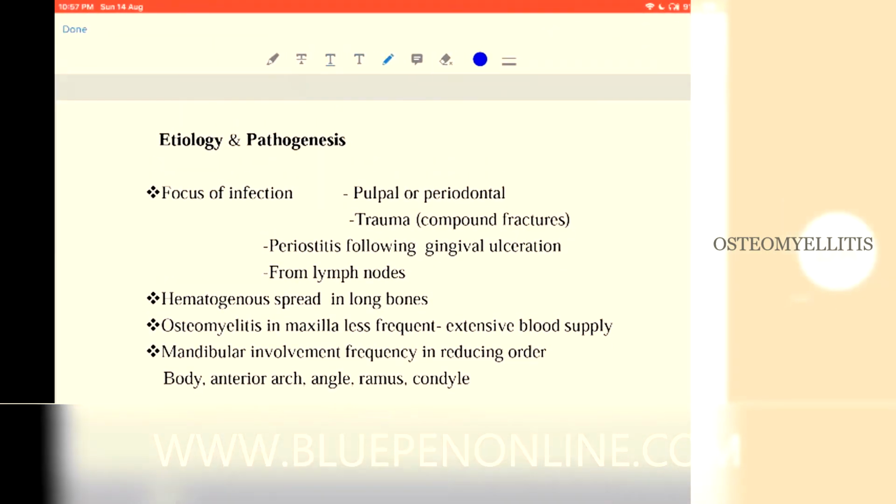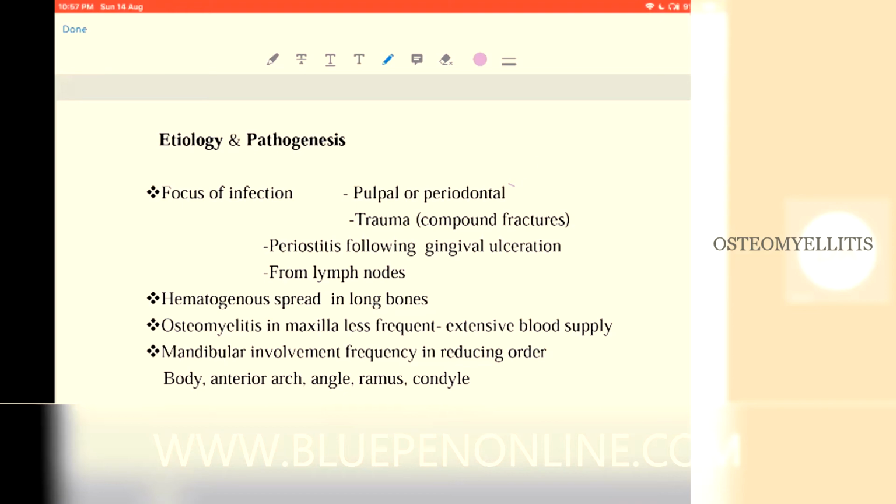Then the etiology and the pathogenesis of osteomyelitis. In most of the cases, the focus of infection can be pulpal or periodontal, or it can be because of some trauma, as in compound fractures. You know what compound fractures are, right? If not, please refer to our fracture chapter, where I'll be dealing with the important fracture topics.